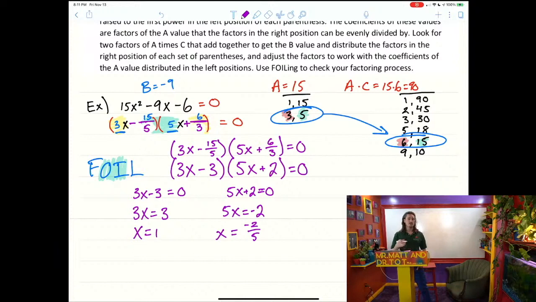The outer times the outer will multiply times each other, so that outer portion's coefficient of x needs to be reduced. You need to reduce the other value by that coefficient.